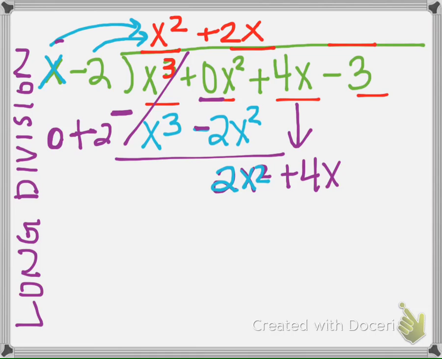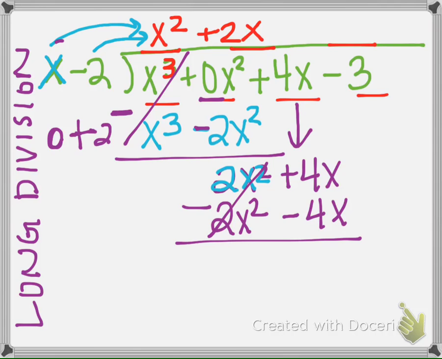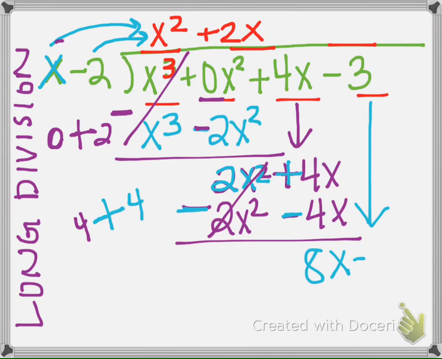So 2x times x is 2x squared, and 2x times -2 is -4x. And then we subtract. Positive 4 minus -4 is 8x. Then we're going to bring down the -3.